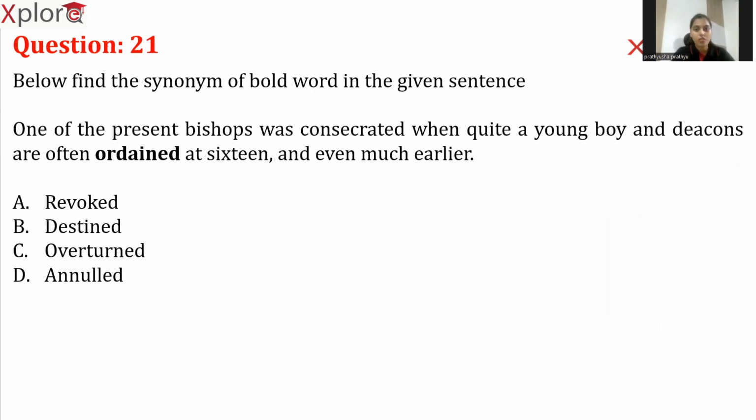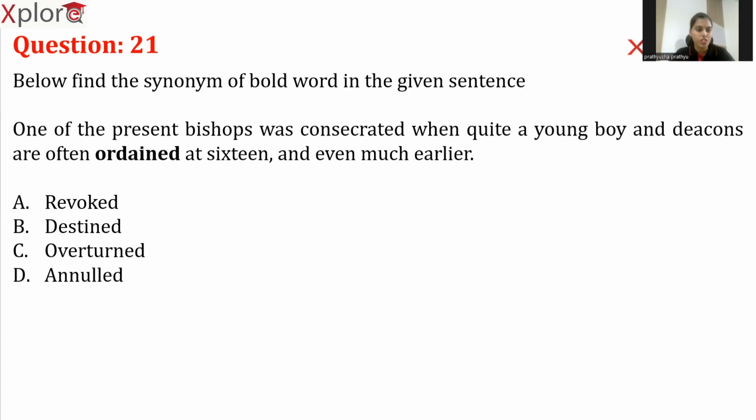Consecrated meaning the person who actually represents the body and blood of Christ. They were declaring or representing God when they were young boys. And deacons are members of church.